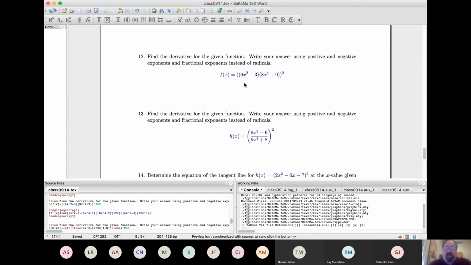Now, this problem, compared to the recent ones, is the exact opposite. We saw some problems where we first use the product rule and the power rule is used along the way. Here it is the opposite. Here we have to use the general power rule first, and while carrying it out, because what's being squared here is a product, the product rule is needed to take a derivative of this inner function.